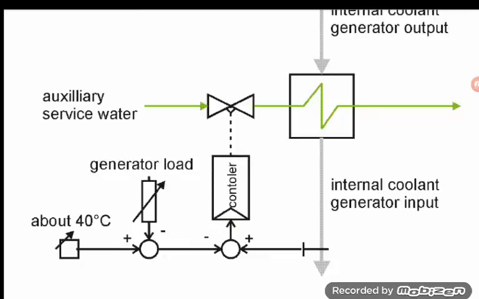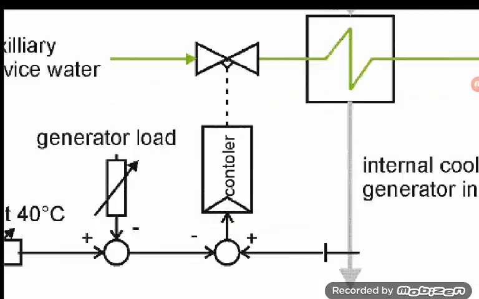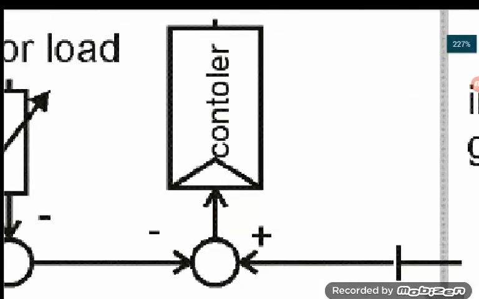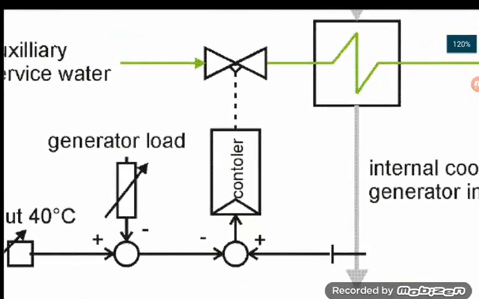Then you have a calculator here, which calculates the deviation between set point and measurement. So when we have 40 degrees set point and 45 degrees measurement, then we have a deviation of 5 degrees, right? 5 degrees plus.